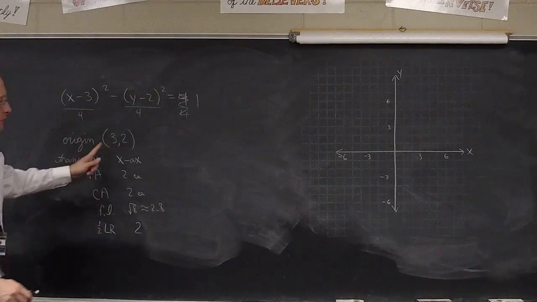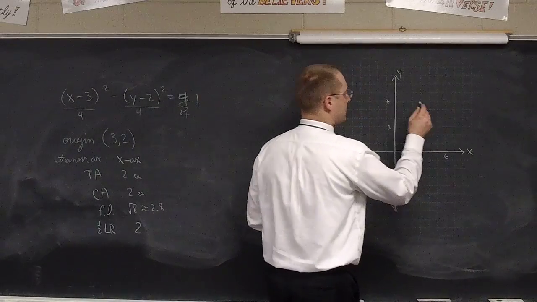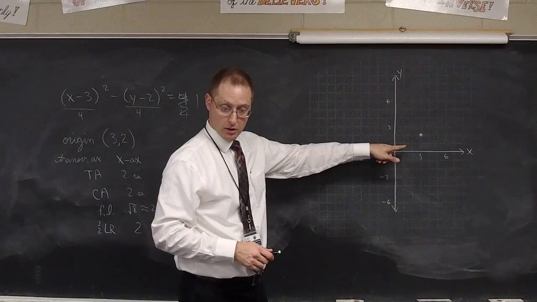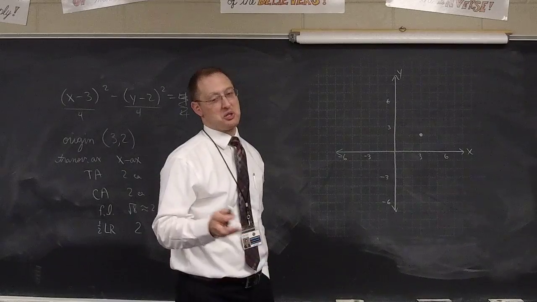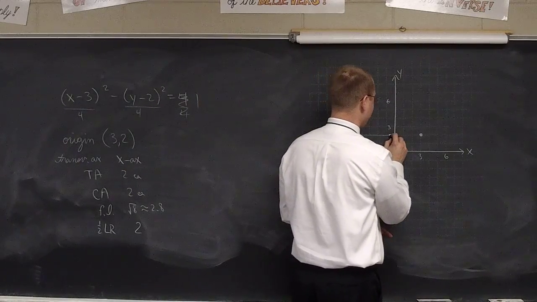We're going to shift over to the first quadrant, over 3 and up 2. Did we start with our center, or our origin rather, here? It was (3, 2). You went (2, 3). Yeah, I can see it on your paper now. So just be careful with reading the coordinates correctly.